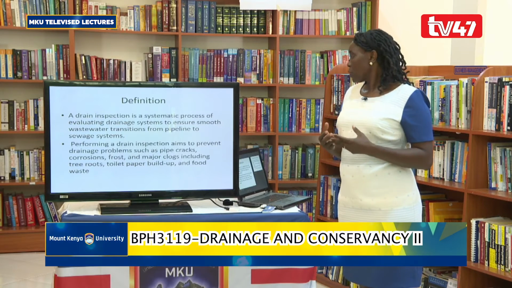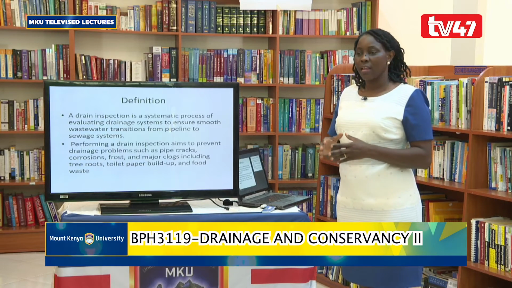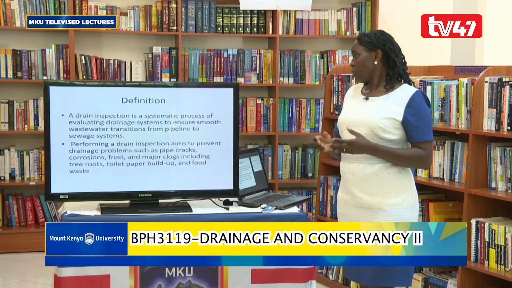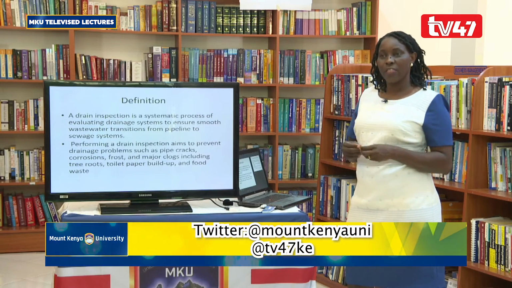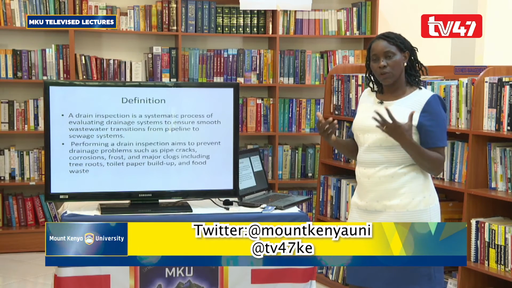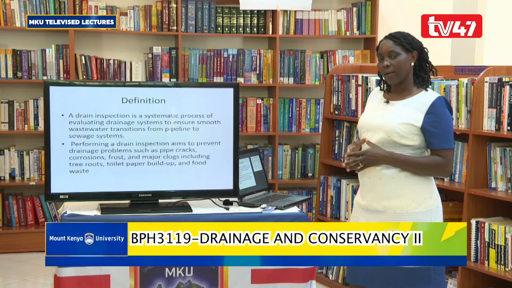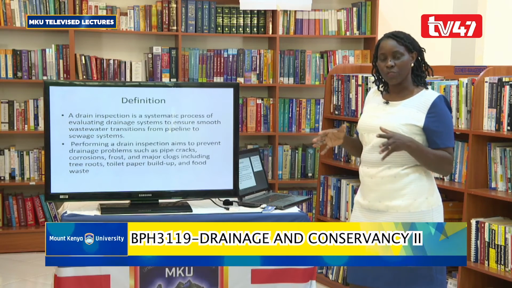And you also have food waste, especially from the sinks and other uses. And therefore, the food waste can also clog the drains. Therefore, it's important to continue inspecting your drains so that you prevent clogging and all the problems that are associated with blockage.